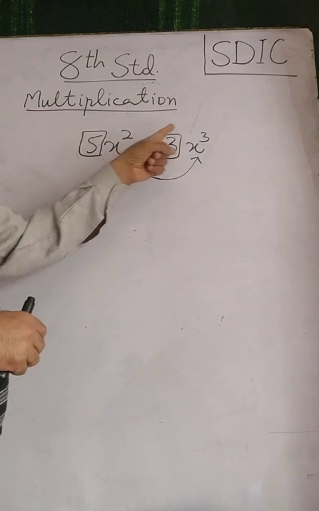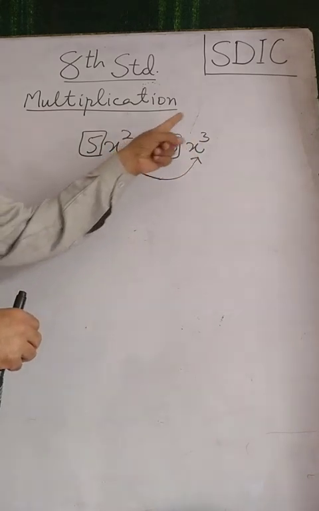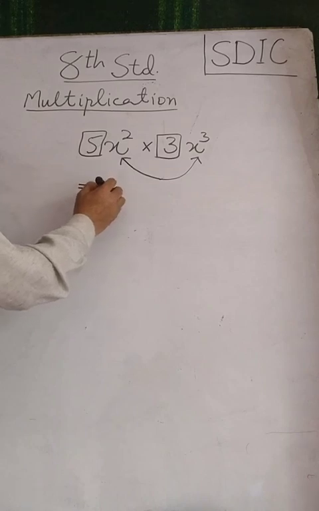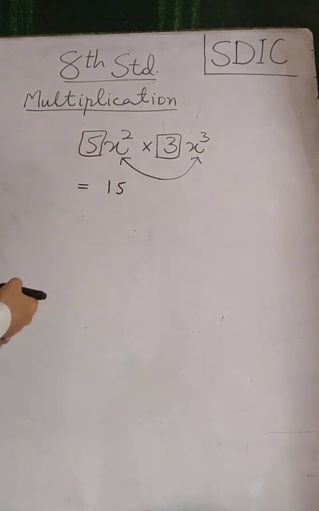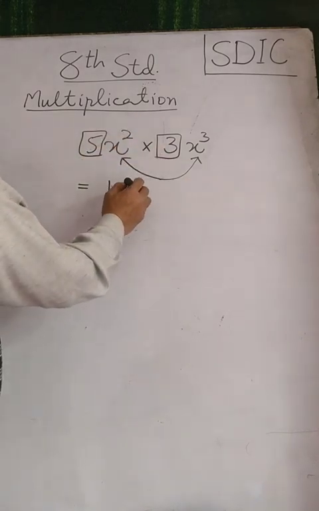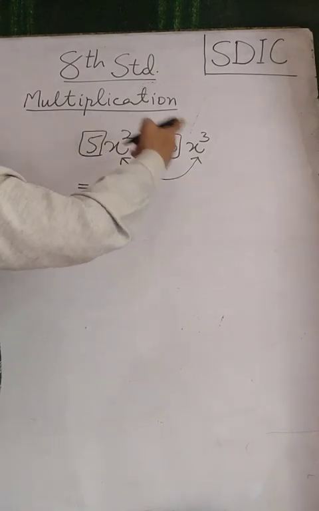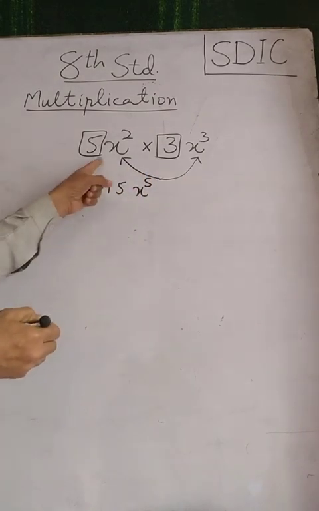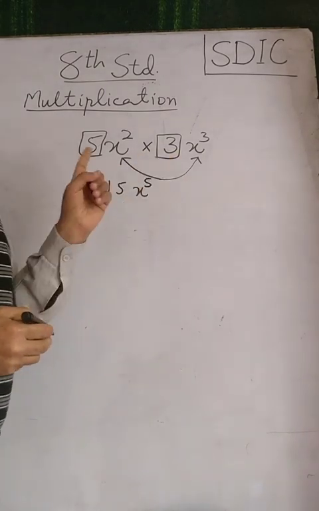X square and x cube, power 2 and power 3 will be added. Now when we multiply the coefficients, we get 15. 5 3s are 15. But you have to multiply variables also. So what will you get? X raised to power, their powers will be added. 2 plus 3 will be 5. The product of these therefore is 15x raised to power 5.